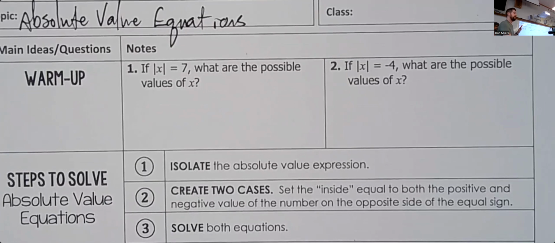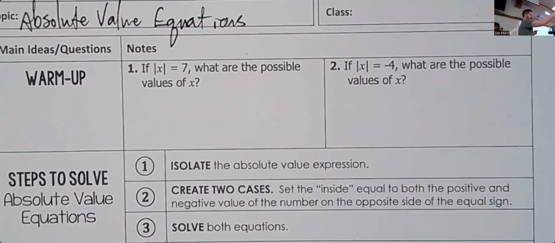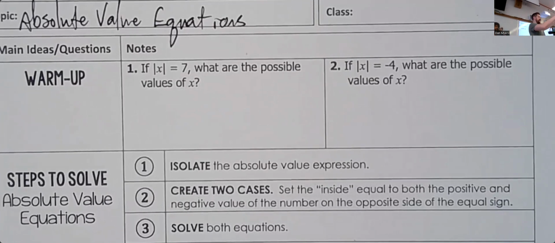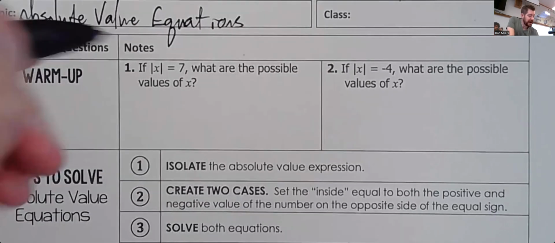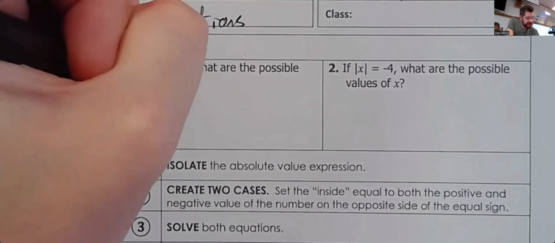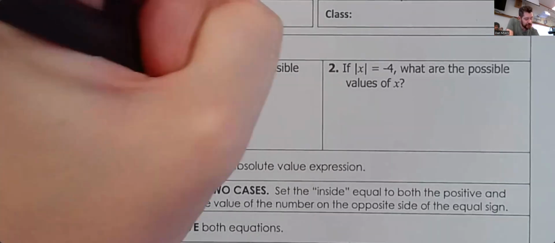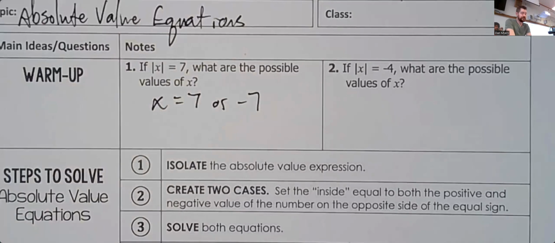It's 2, right? If you got 0 here, 7 away from 0 happens on this side and that side. So what are the two possibilities here? 7 and -7? Yeah. So possible values here would be x equals 7 or -7.